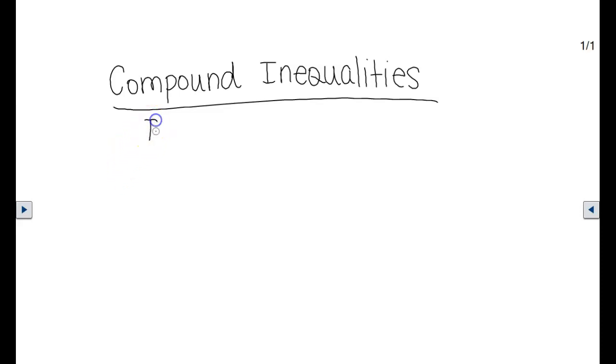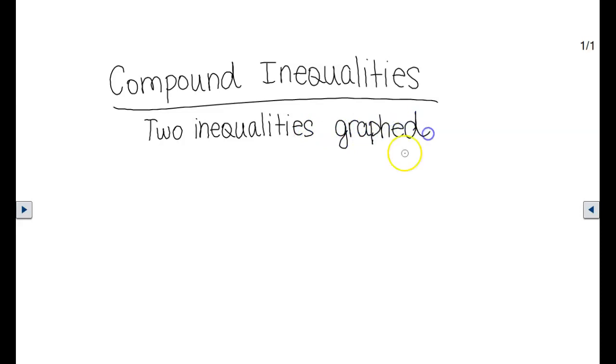Compound inequalities are two inequalities graphed together on the same number line.